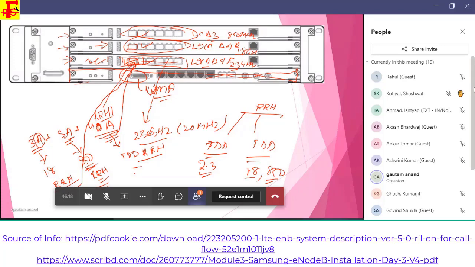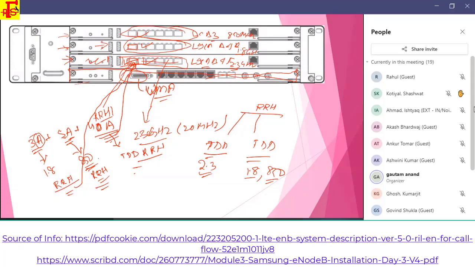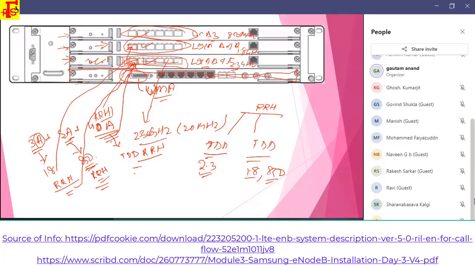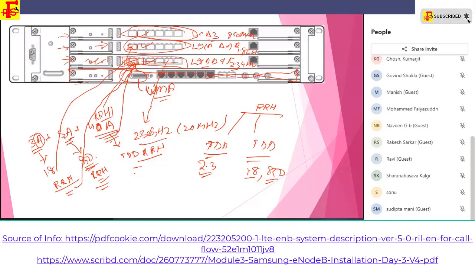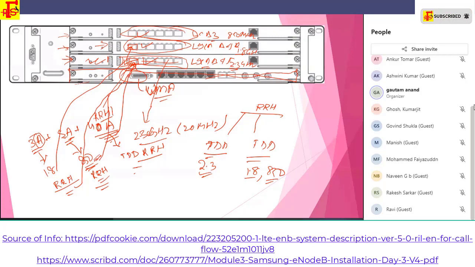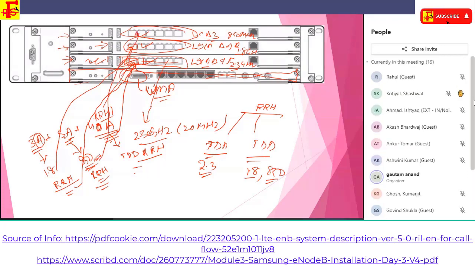By using this method, we prepare the setup. If I need to create a 3CC environment, a 3CA environment, carrier aggregation, from this method we can prepare the setup. 3 RRH are required, and all 3 RRH will be connected to the eNodeB in this channel card port.